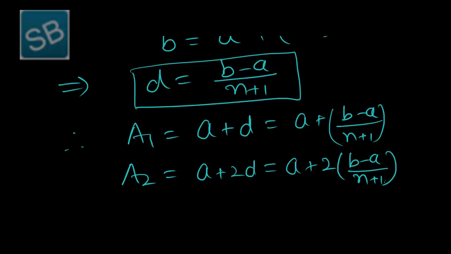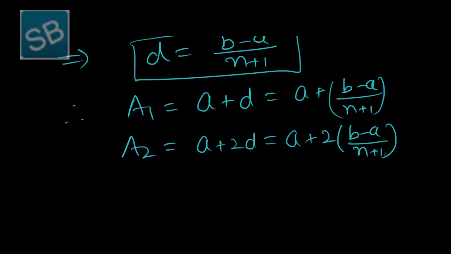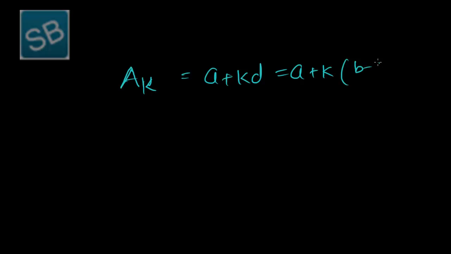Proceeding in this manner, we get Ak is a plus kd, that is a plus k times b minus a over n plus 1, where k varies from 1 to n.